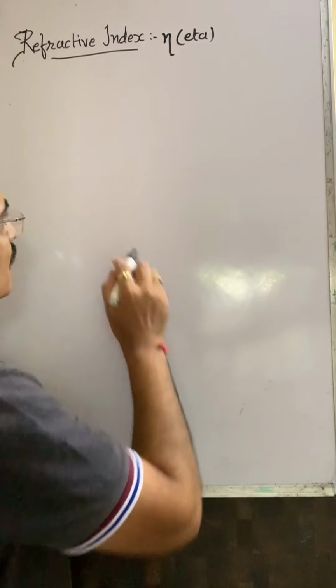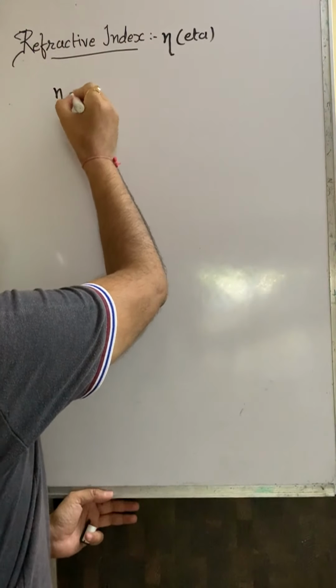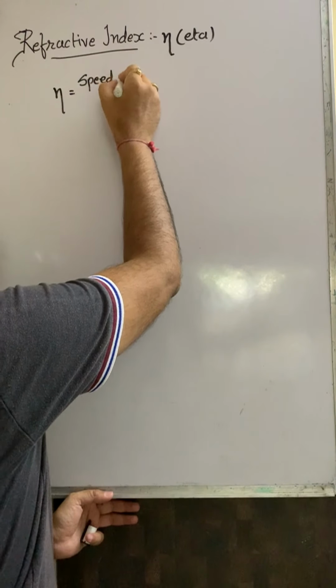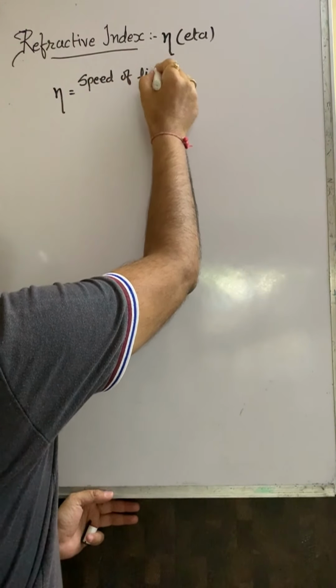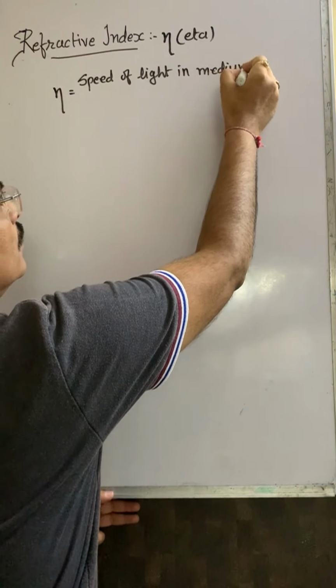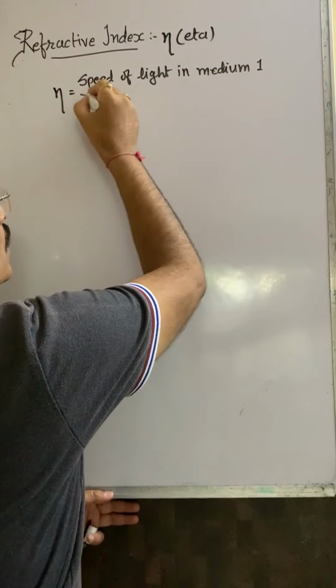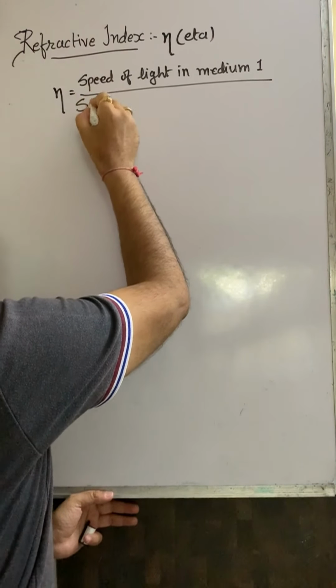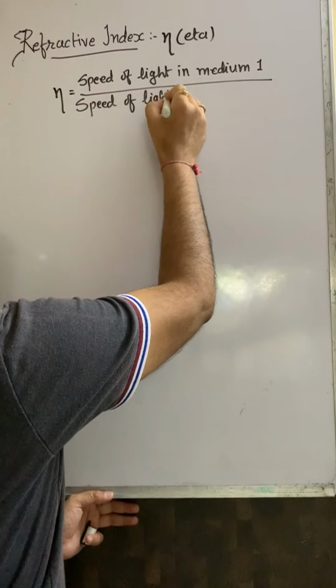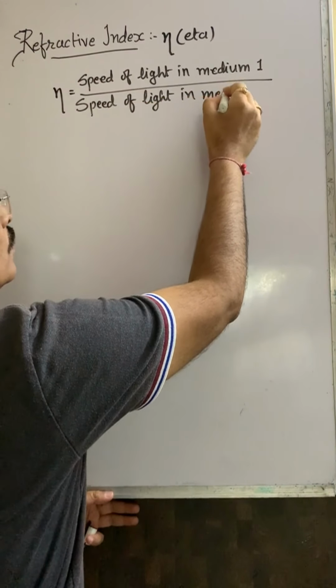Now, refractive index, eta, means what? It is the speed or velocity of light in medium 1 with respect to the speed of light in medium 2.